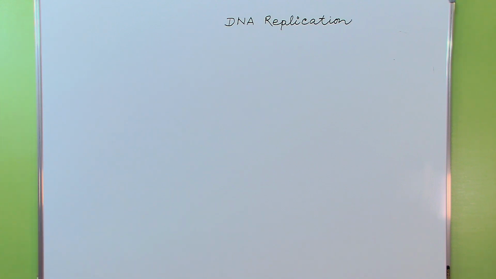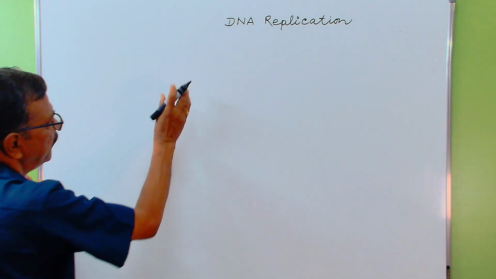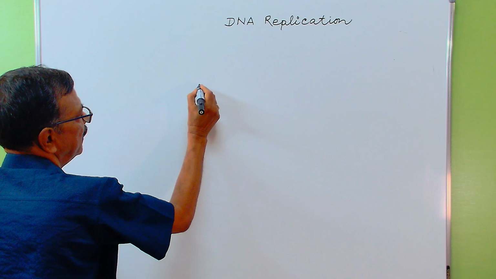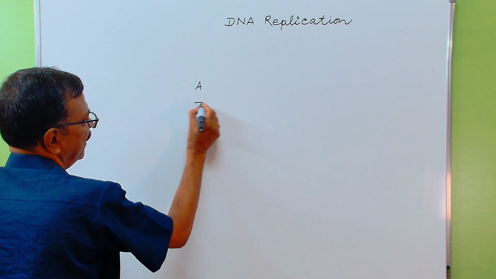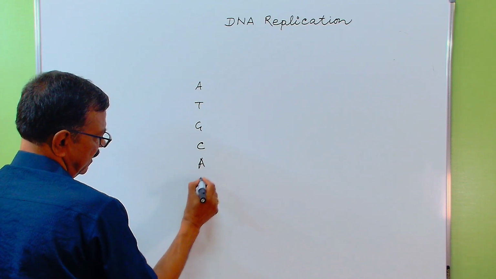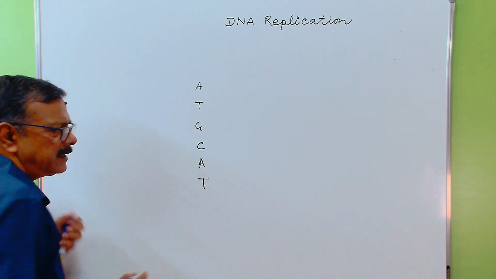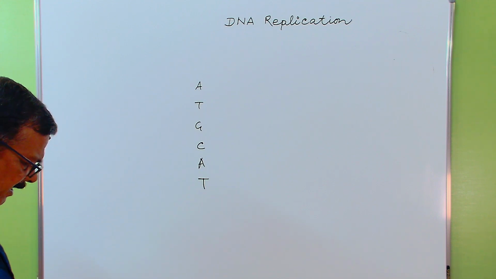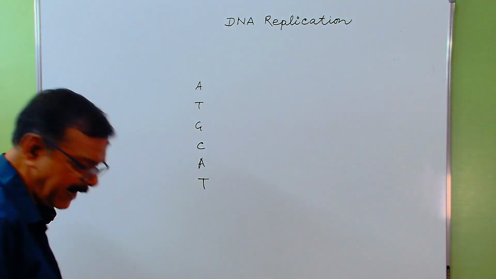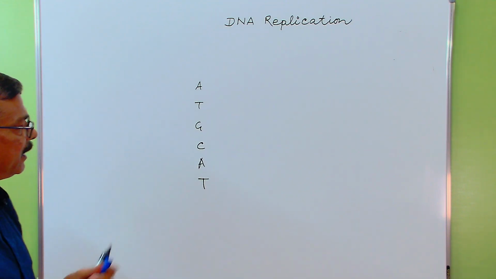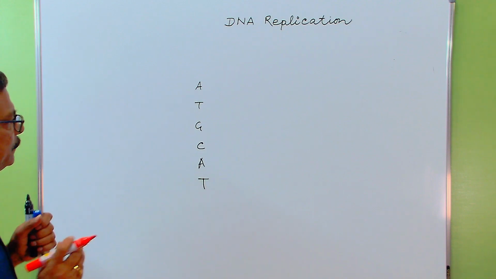Suppose the sequence of a gene, DNA, is, for example, A, T, G, C, A, T, and in this way the sequence goes. These are the nitrogenous bases. Nitrogen is also an important element.